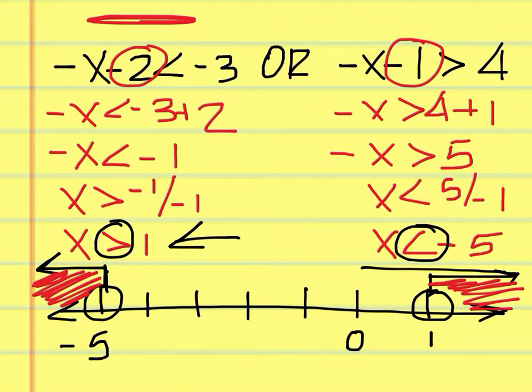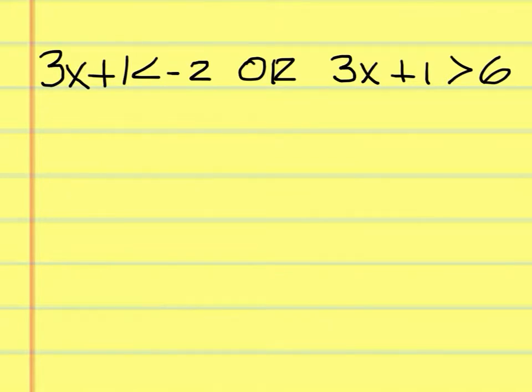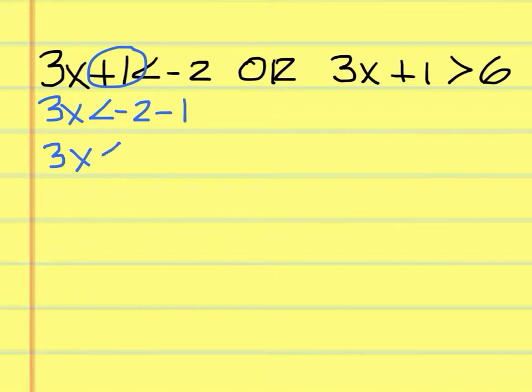So the solution here for this compound inequality is going to be either this area or this one. You have to solve the left-hand inequality first. So when we do that, we have 3x less than a negative 2 minus 1, opposite of this. 3x less than negative 3, divide the negative 3 by the positive 3 to get a negative 1.